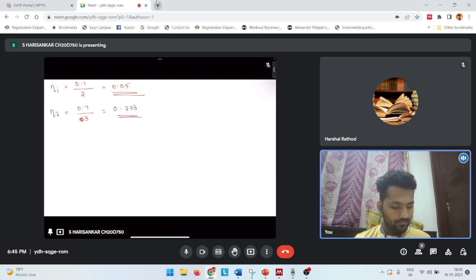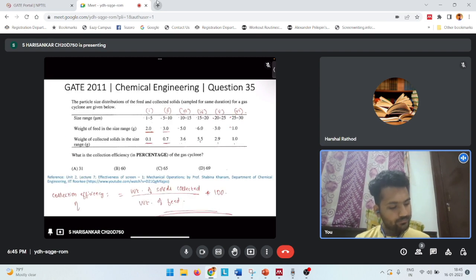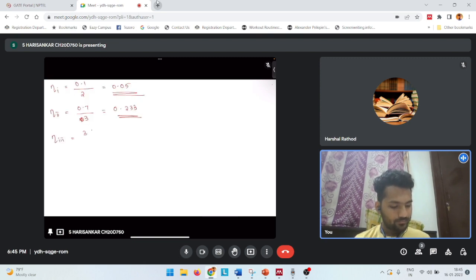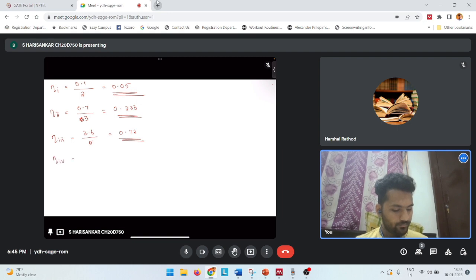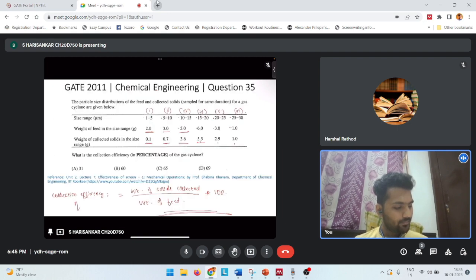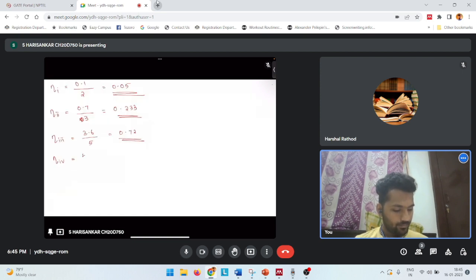The efficiency in the size range 3 will be 3.6 divided by 5, and that will be equal to 0.72. Efficiency in the range 4 will be 5.5 divided by 6, and that will be equal to 0.917.